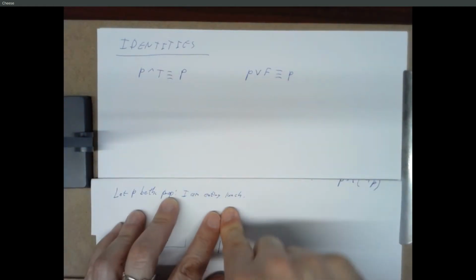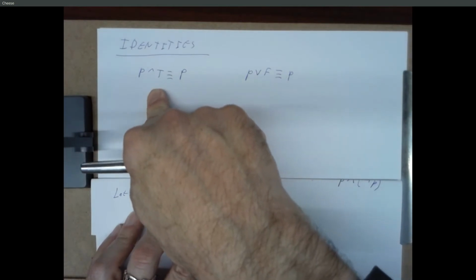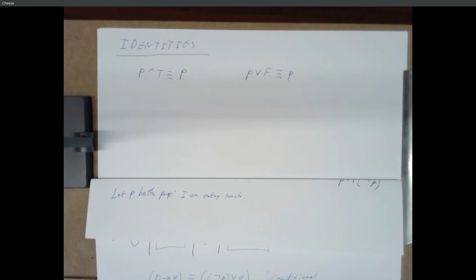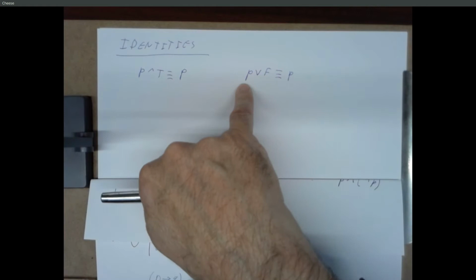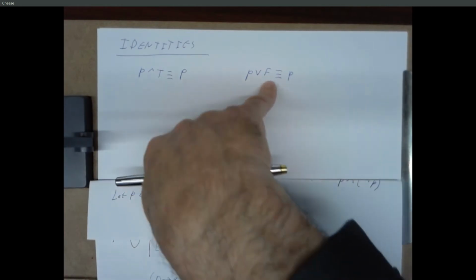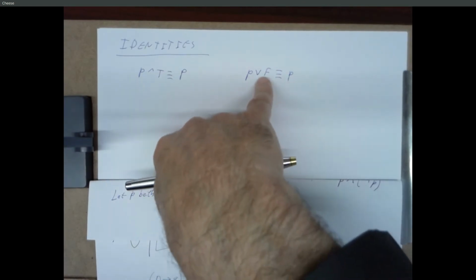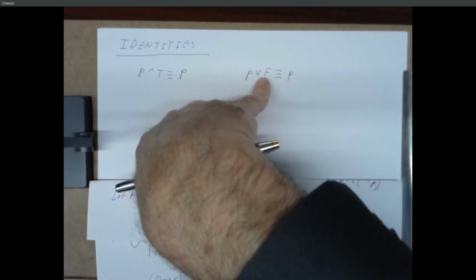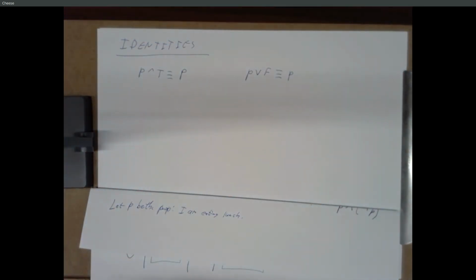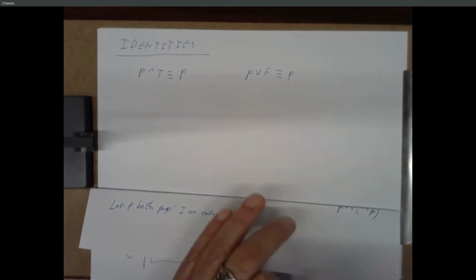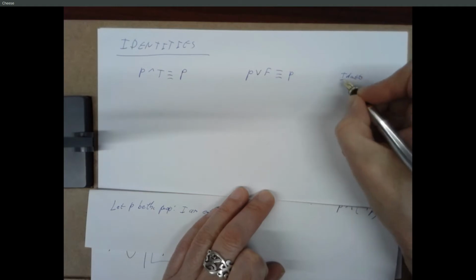If I'm not eating lunch, the statement is false. It's exactly the same as the truth value of P. And in the disjunctive case, I am eating lunch or 1 plus 1 equals a million. Well, the truth value of that is the same as just I'm eating lunch, because 1 plus 1 is not a million. So when you OR something with false, it's the same as just the thing you're ORing. Those are called the identity laws.